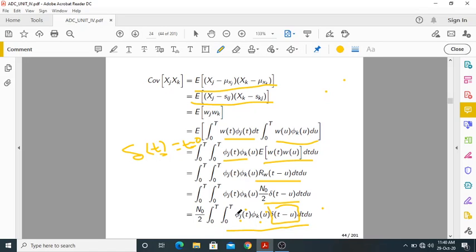They are subscripts: phi j of t, phi k of u, where t and u are time instances. This is non-zero if and only if t equals u, a property of the delta function. We are left with only one integration.